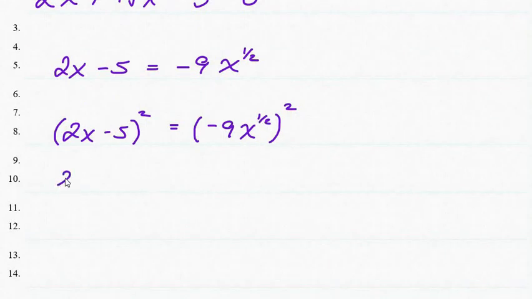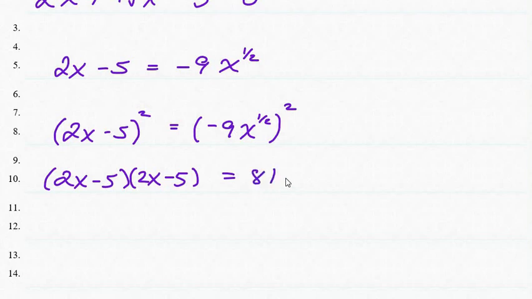Alright, so we're going to have to rewrite this out, so we might as well do it now. Is equal to, so when I square -9, I get 81. And of course, we multiply these exponents. A half times 2 is 1. So we're left with x.